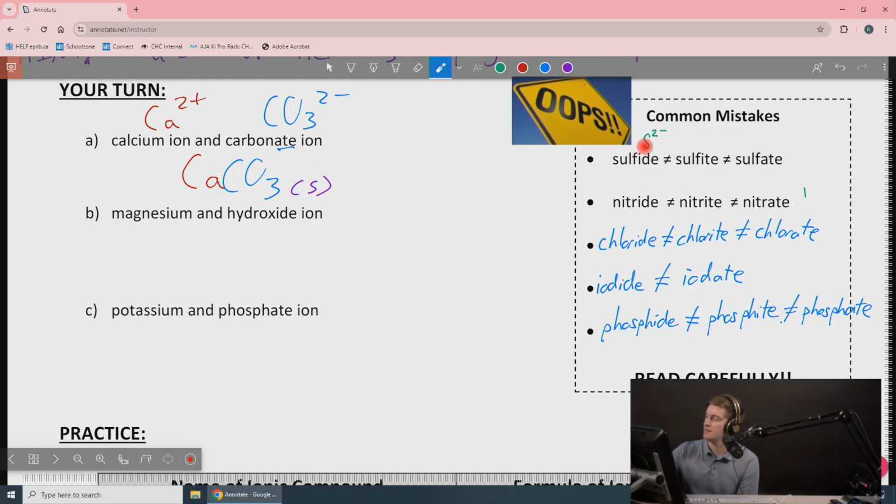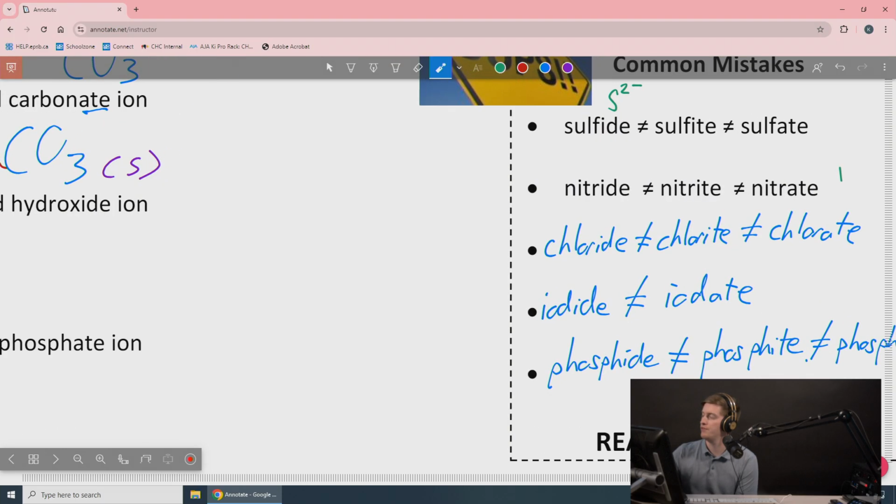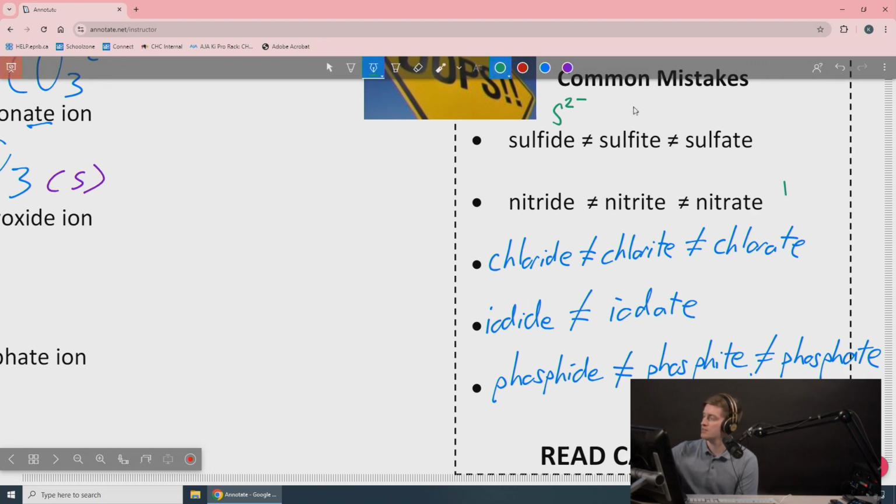That is the ide ending for sulfur, so that sulfur is an anion. Sulfite is SO3 2-, and sulfate is SO4 2-. These aren't the same thing. They all happen to have the 2- charge, but they're not the same thing.